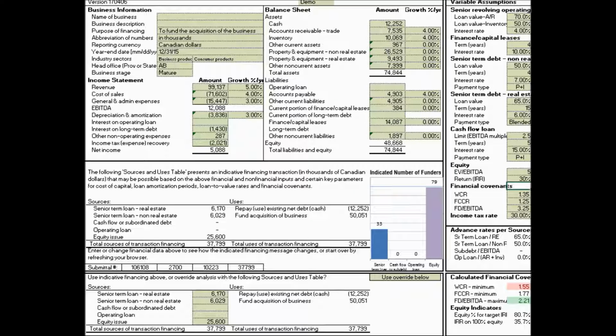After you've gotten the term sheets in from the lenders who are interested in providing, in this case, senior term financing, both on the real estate and the equipment, and also the proposals from equity firms, you'll want to put the proposed terms back into the Finance Starter and make sure that everything is working out all right. So you'd put in the actual quoted interest rates along here.